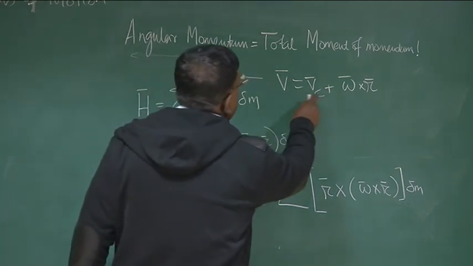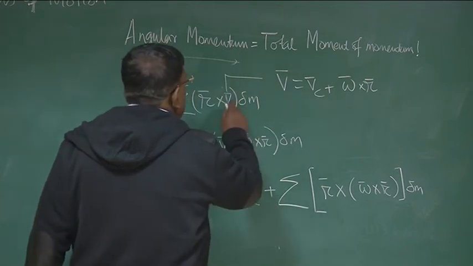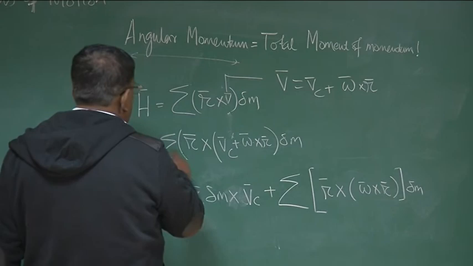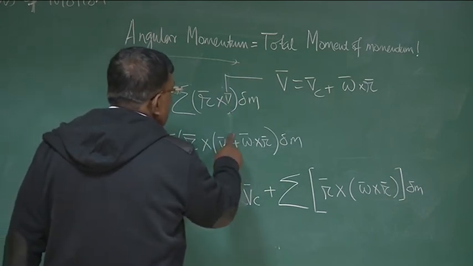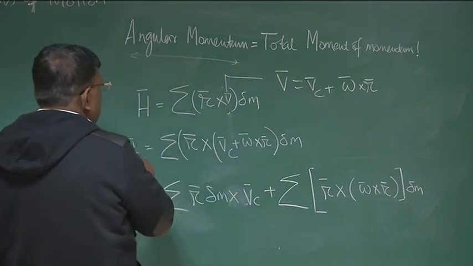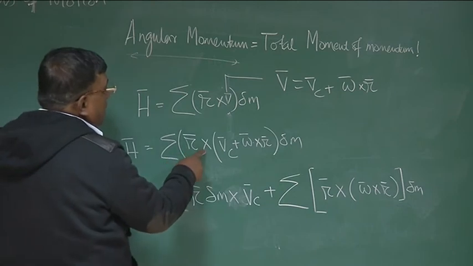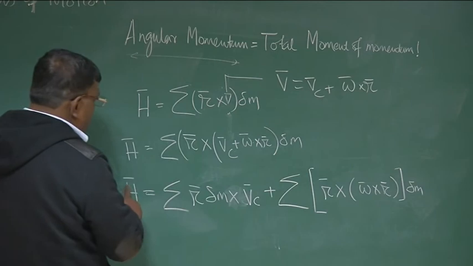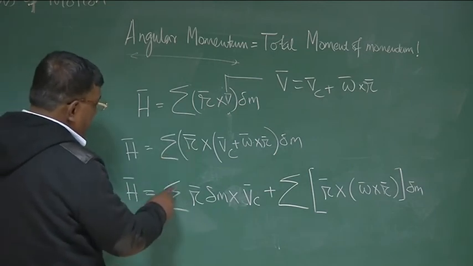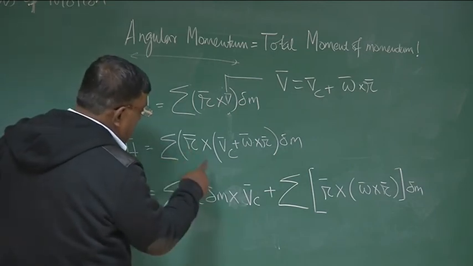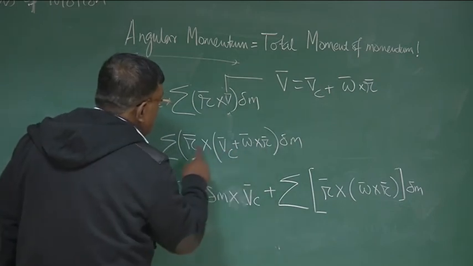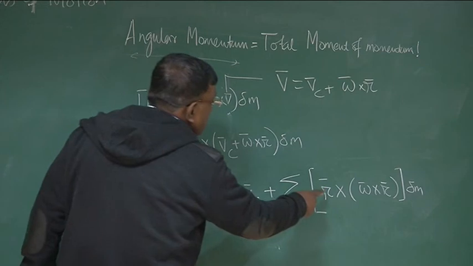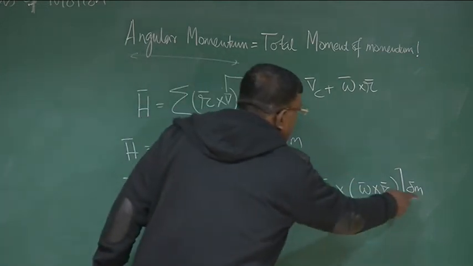And v, you know, is Vc plus omega cross r. That is substituted here, so I have the h expression as summation r cross (Vc plus omega cross r) delta m. Again, if I modify it, it will be summation r delta m cross Vc, the first term, plus summation r cross omega cross r delta m.